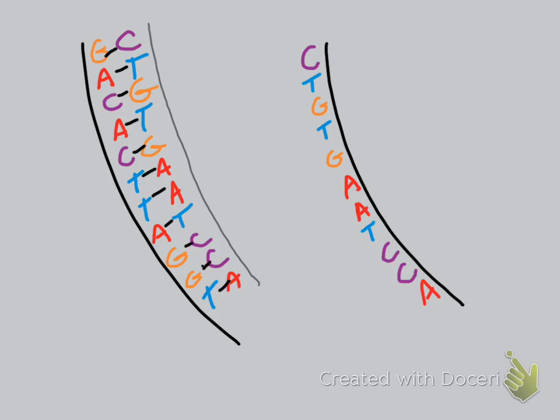I now have one new piece of DNA. And guess what? Out of the same exact thing, I get my second strand replicated. So one strand of DNA will generate, through replication, 2 new strands that are identical to the original strand.